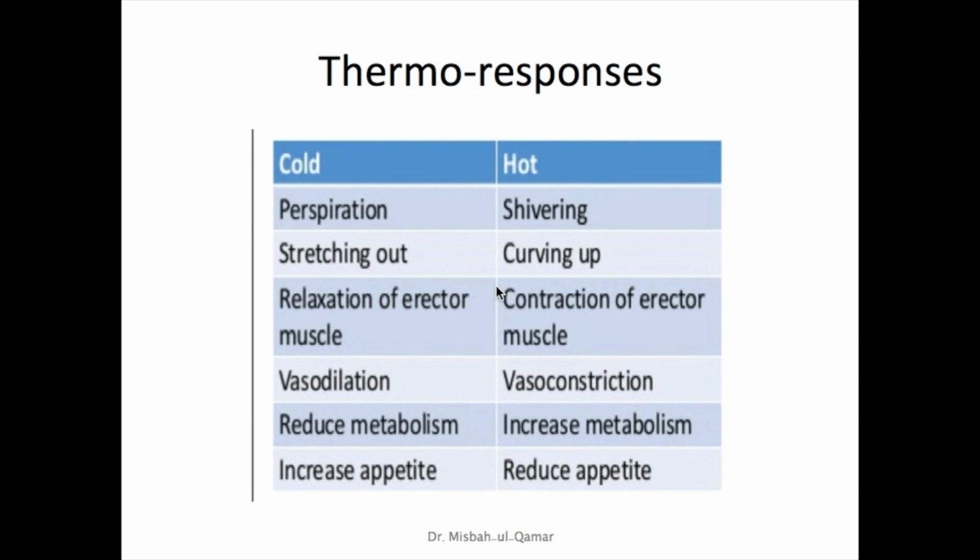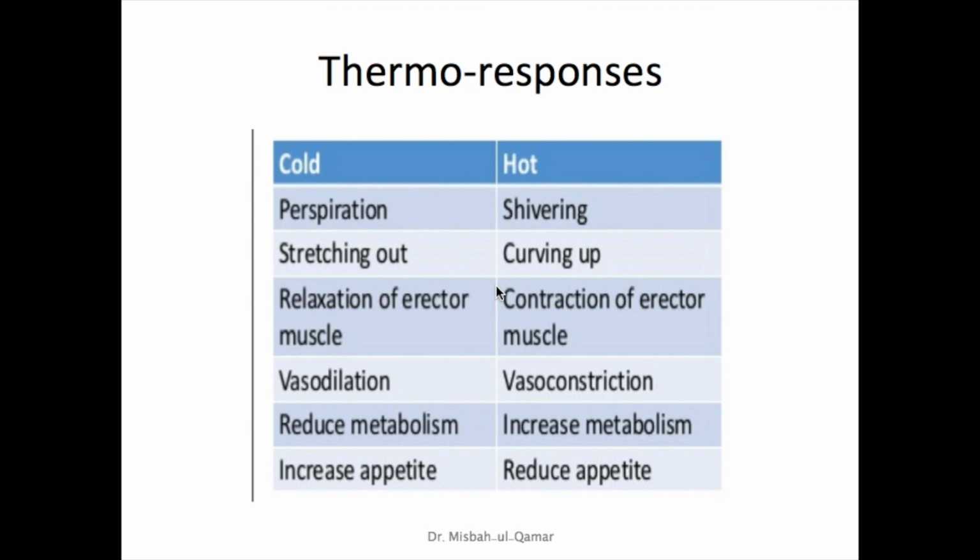Another thing you shouldn't forget is the local skin reflexes, because these local skin reflexes almost equate the hypothalamic heat control, as these local signals strengthen this control system. Now, how do they work?